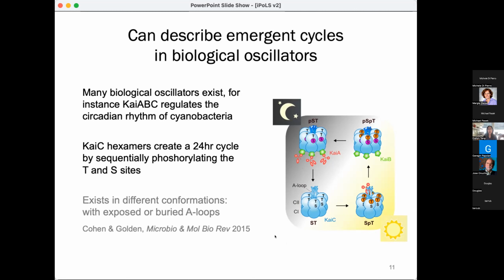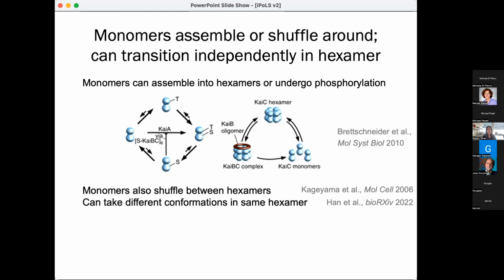However, one question is, why is this global cycle so robust and so concerted? This is surprising because if you think about what the individual monomers do within the hexamers, there are a lot of fluctuations, a lot of mixing and shuffling. Presumably, the monomers can undergo their own individual phosphorylation and dephosphorylation cycles.